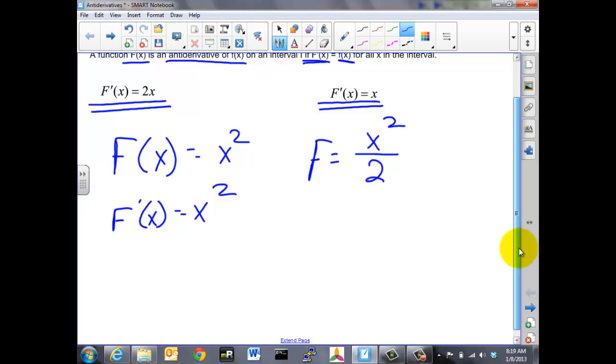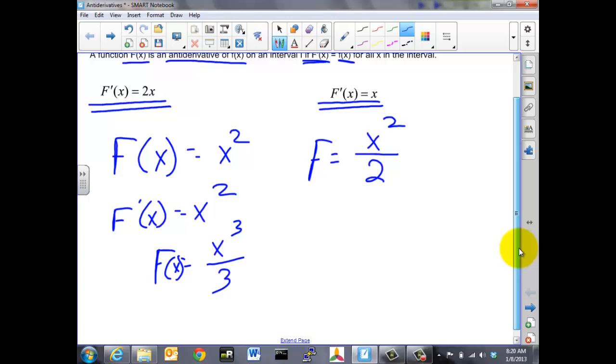What function has that for a derivative? No, you're taking the derivative. We're wanting to go up. Miranda says that f would be x cubed over 3. If I take the derivative of that, 3x squared, the 3's cancel and I get x squared.